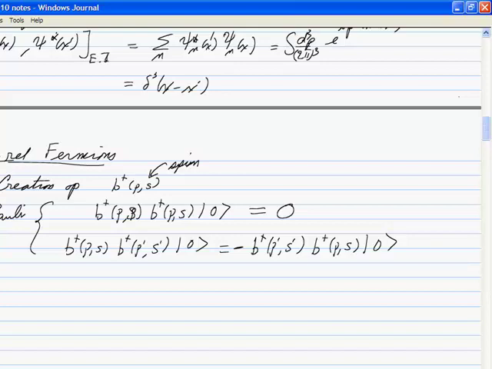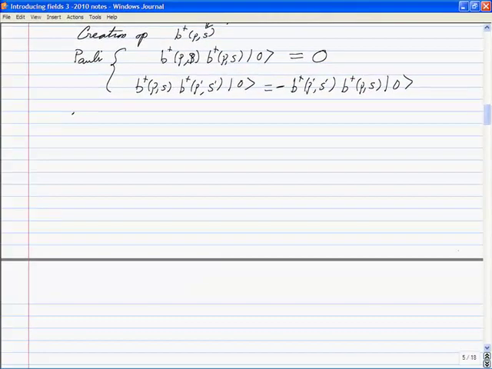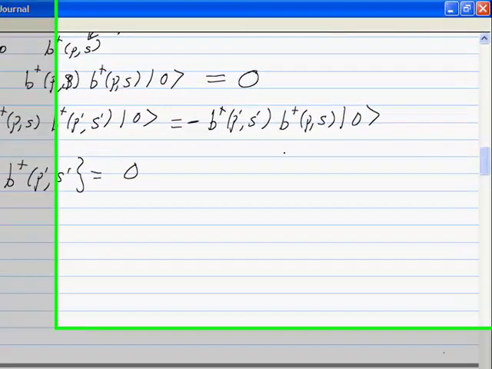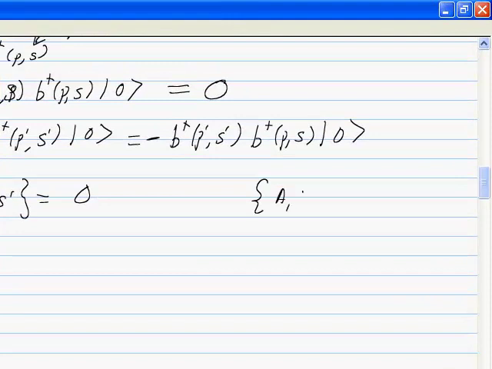So those two things can be put together into a single statement. The single statement is that the creation operators for fermions anti-commute. Okay, so this anti-commuting symbol says the anti-commutator of A and B is AB plus BA instead of commuting.